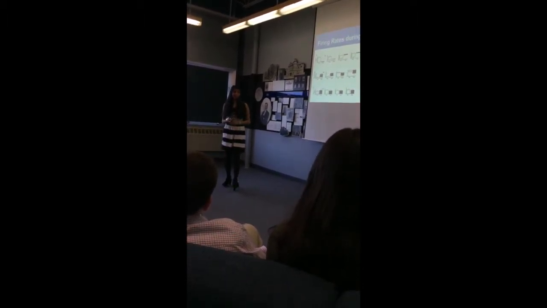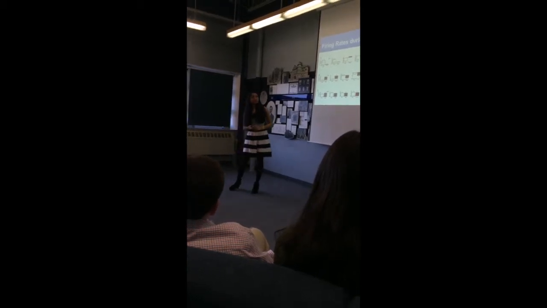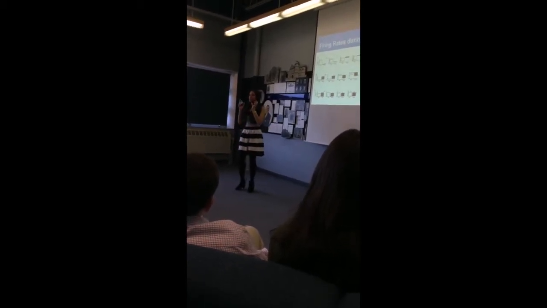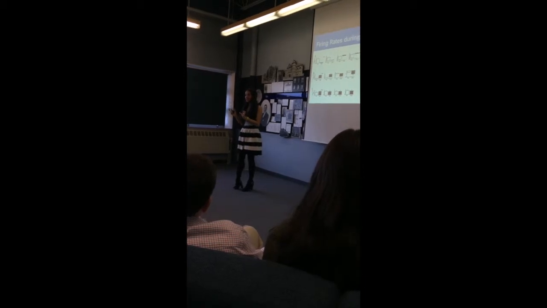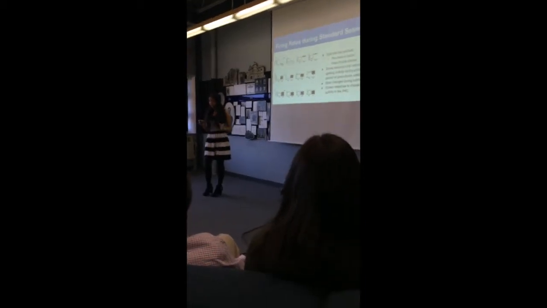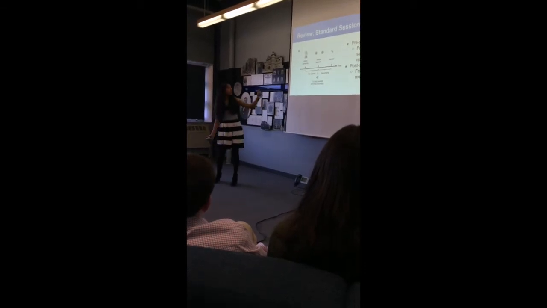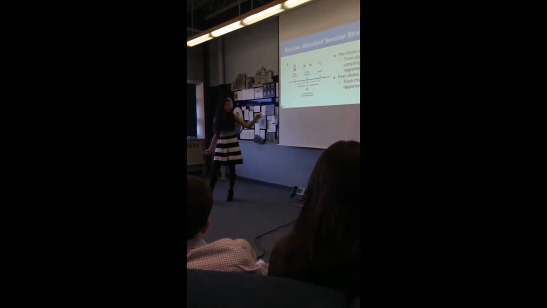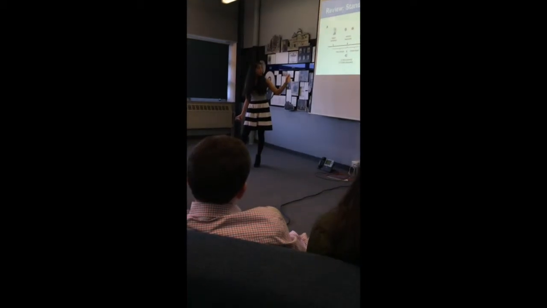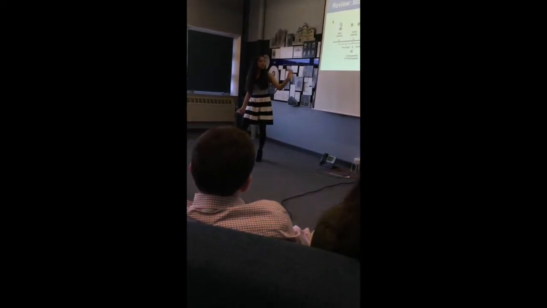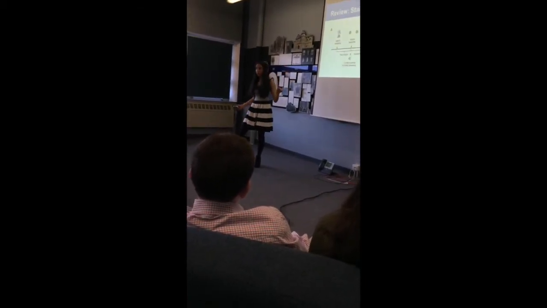Could you do that again? Okay. So the scientists split up the standard sessions, as I showed before, into two different periods. The pre-choice period, from object sampling to the choice response, and the post-choice period, from choice response to the reward system.